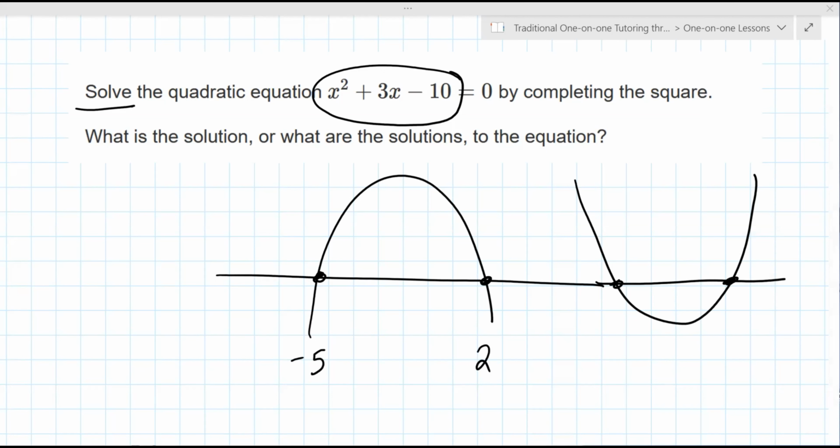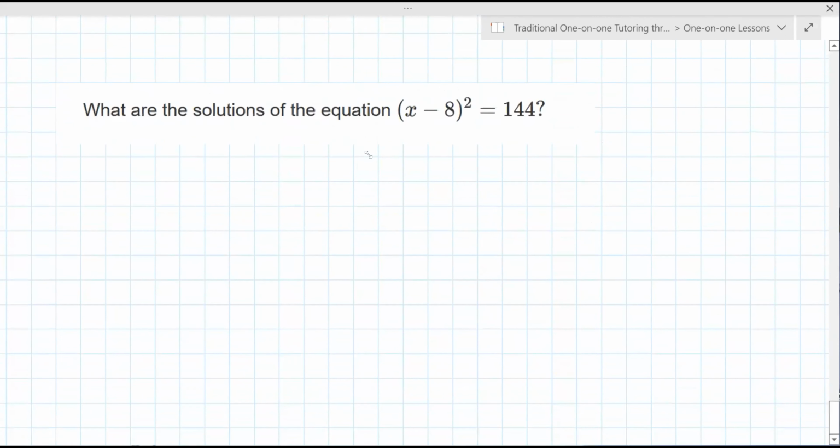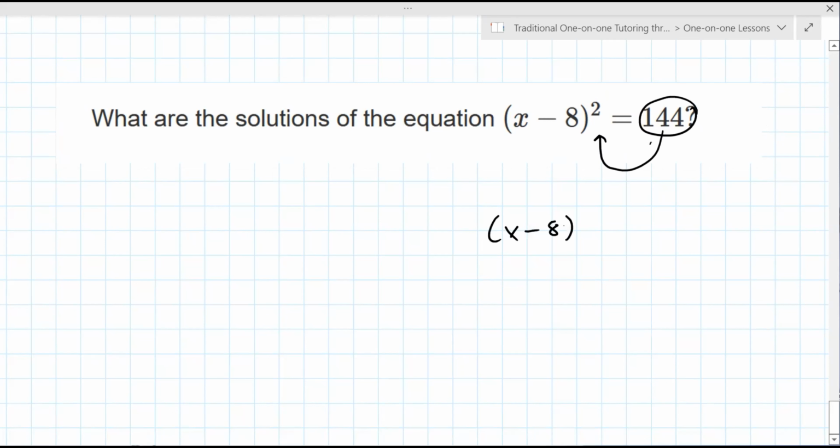All right, here's a related problem. This problem right here can be solved by graphing. The way you would solve it by graphing is you would first move this number to the other side of the equation by subtracting.